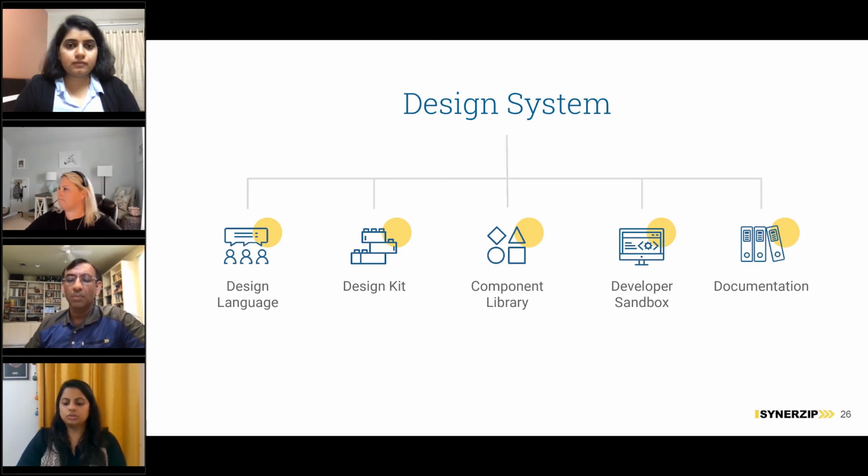Then is a developer sandbox, which is basically the environment for the end users, testing and development. And then is the documentation for both design and development of how-tos, when-tos, what the specifications would be, and what layouts it would be used in, etc.